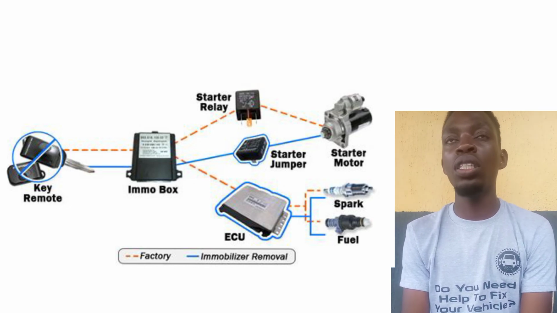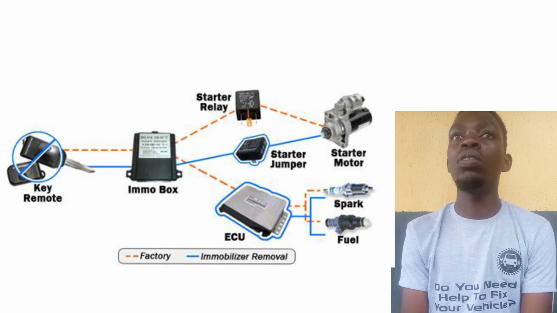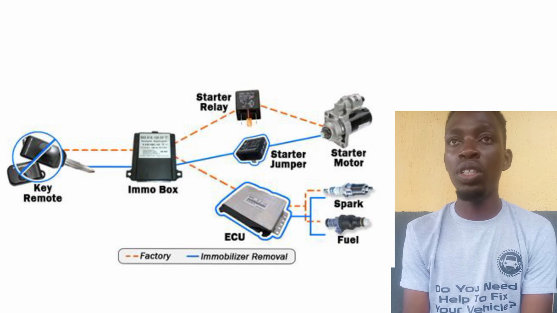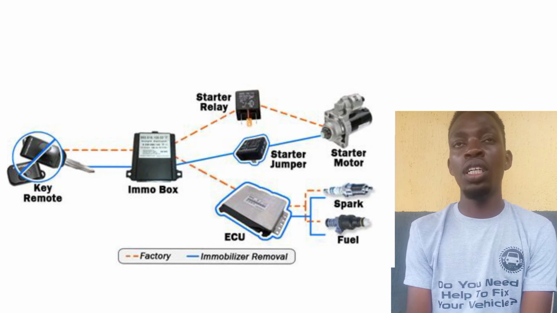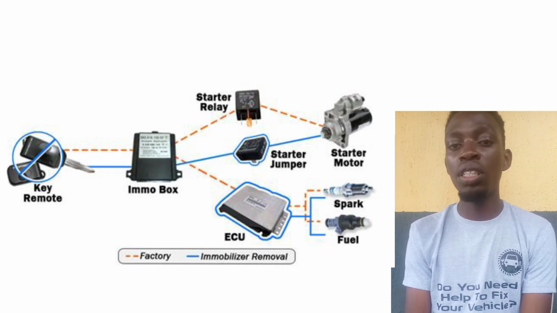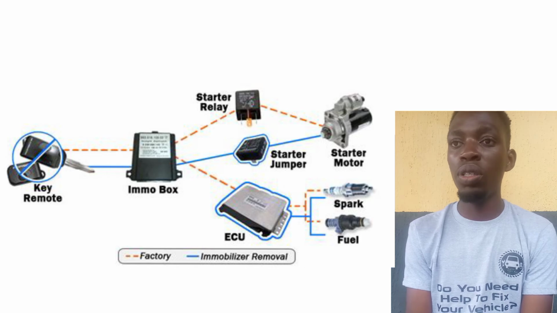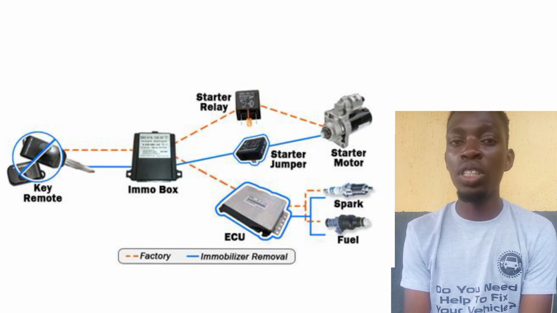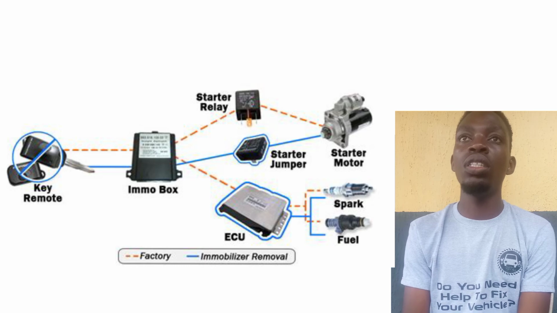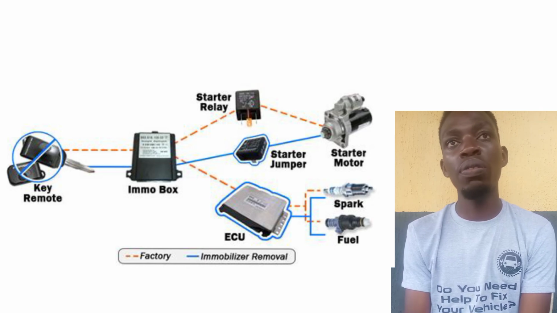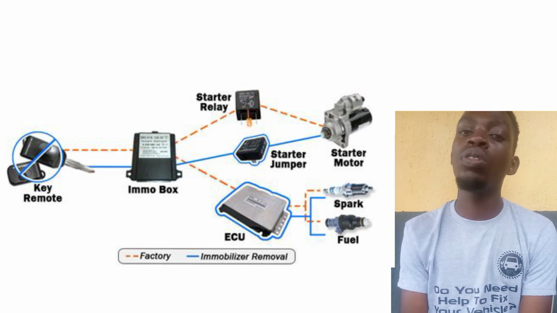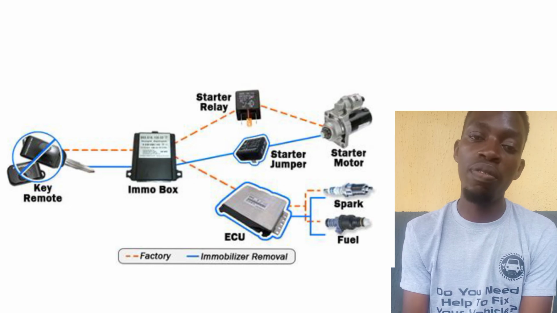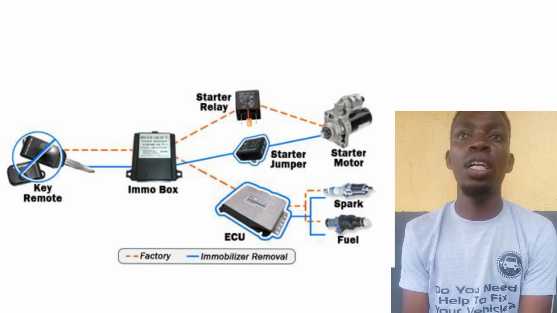So when you place the key, the receiver, that is the immobilizer ring or transponder ring, senses the chip on the key, or if it's keyless, there is a signal, it senses it, and if the codes match, the immobilizer interprets that and sends the value to the ECU, which allows the vehicle to start.